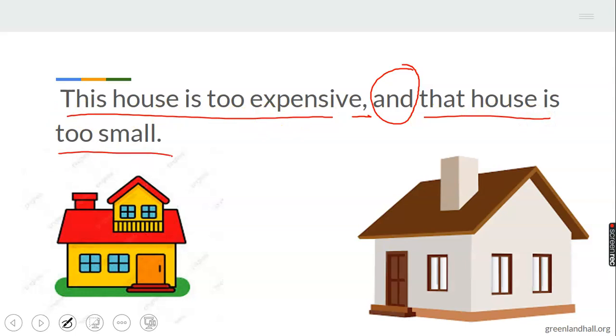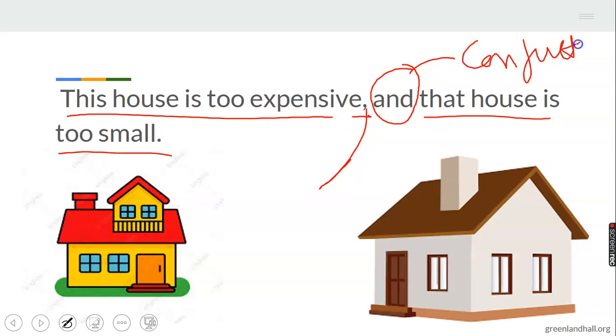Somebody can actually say, this house is too expensive. That house is too small. Those are two different sentences if you observe. That house is too small, that's a complete sentence, of course. And someone can as well say, this house is too expensive. Okay, that's a sentence. But what makes it a compound sentence is when we have our comma and our conjunction.